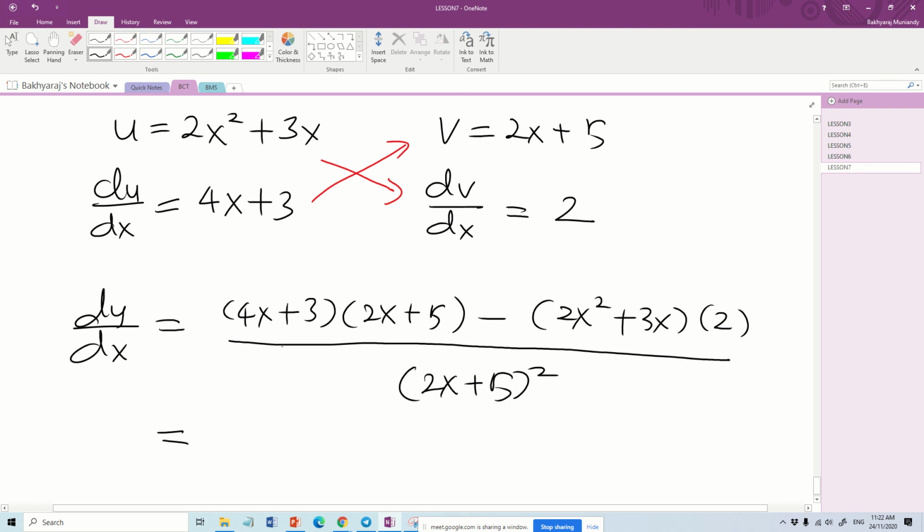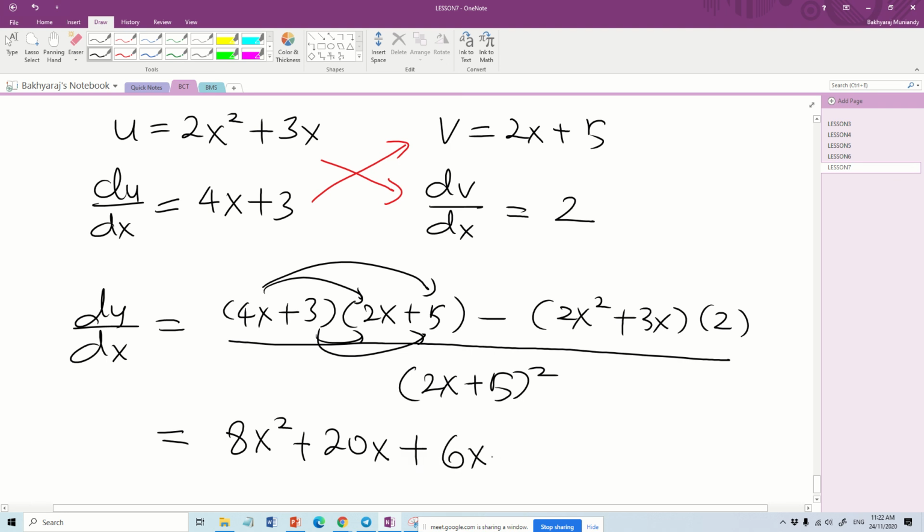Okay, equal, when you expand, you get 8x square plus 20x plus 6x plus 15 minus, ini saya buat bracket dulu.